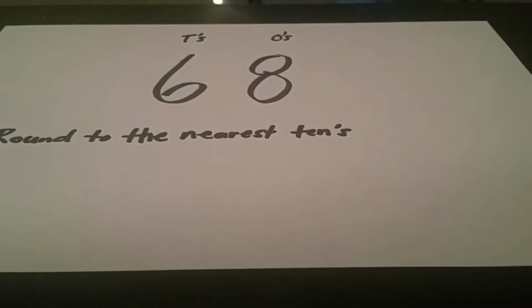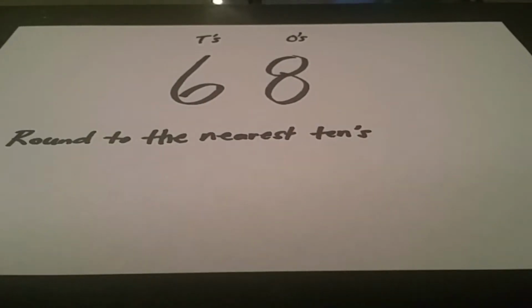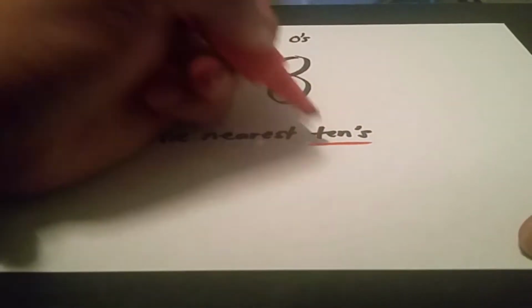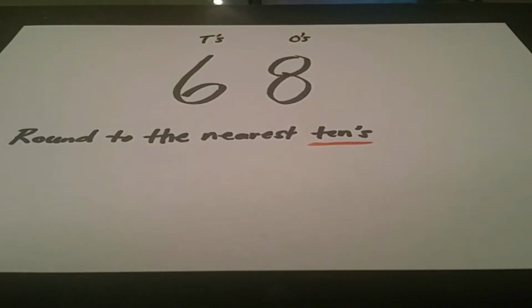So now we know that we're rounding to the nearest tens. When you have a question like this, the first thing I want you to do, guys, is to underline the place value that they're asking you to round to. So I'm going to underline the tens place. That lets me know the place value that's going to be rounded.